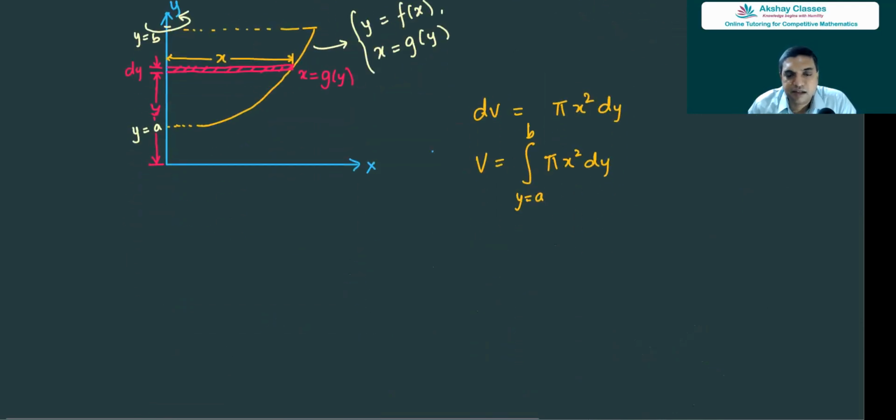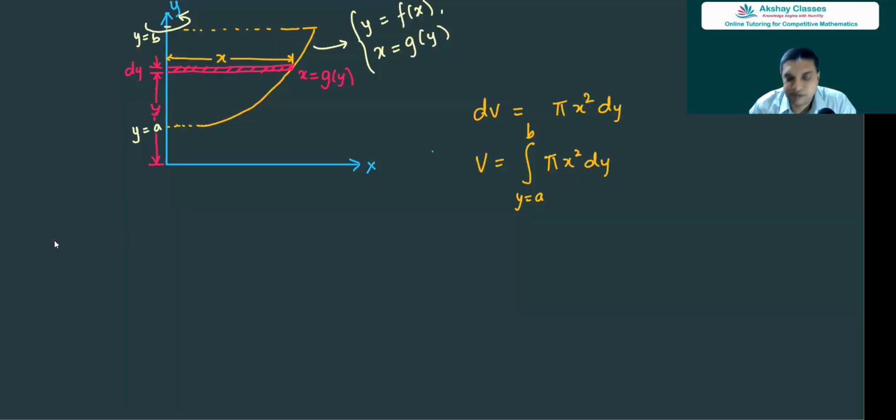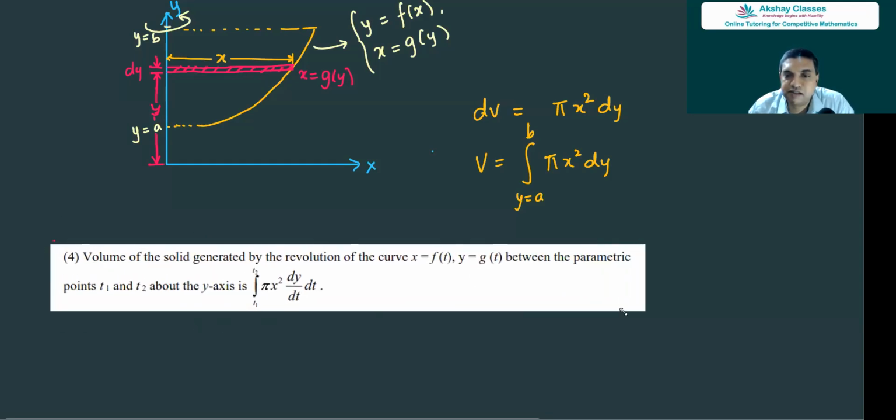Next, similarly, if we are going to revolve about the y-axis and integrate parametrically, we'll get this parametric integration. About the y-axis, you will get pi x square dy, integral y equal to a to b.